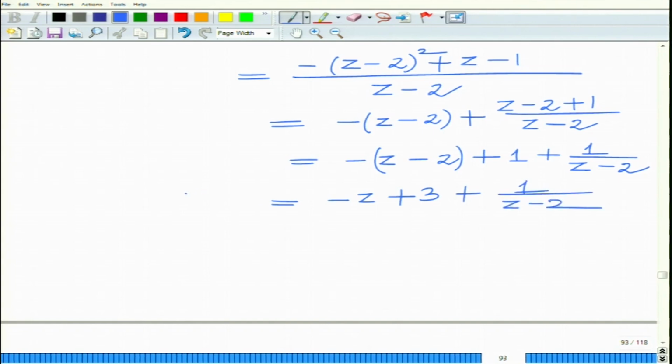This is your z minus 3 whole square times X(z) over z.